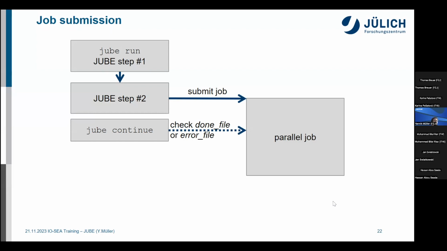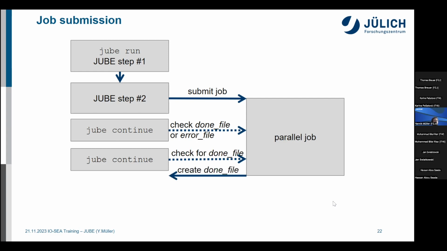And then with JUBE continue, you check for the done file, or alternatively, the same way you add the done file, you can also add an error file. So it's checking for either of those two files. And once the file has been created, as soon as you run the next continue, it will complete the step and continue with the next step.